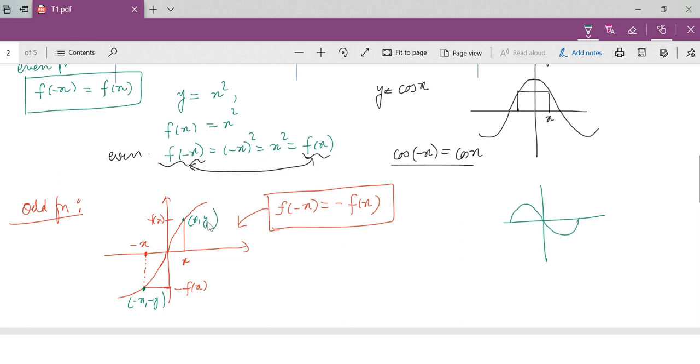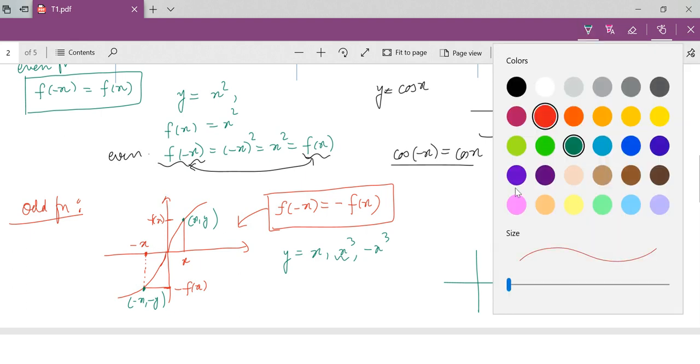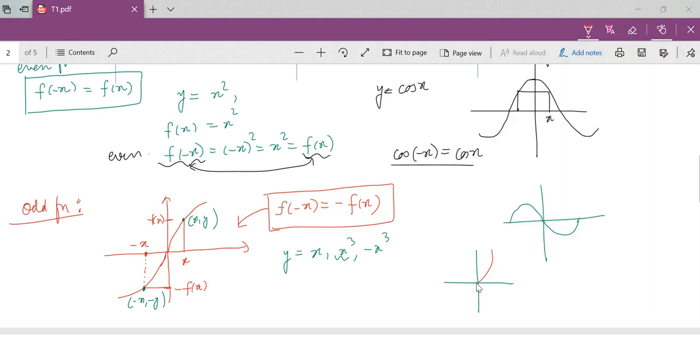Same thing, okay? Can you get some basic elementary examples? y is equal to x, yes. x cube, yes. Minus x cube, yes. Why should x cube be an odd function? Because I can draw it and see: if you draw it, it looks like this, and I can see it is symmetric around the origin, so it is an odd function.